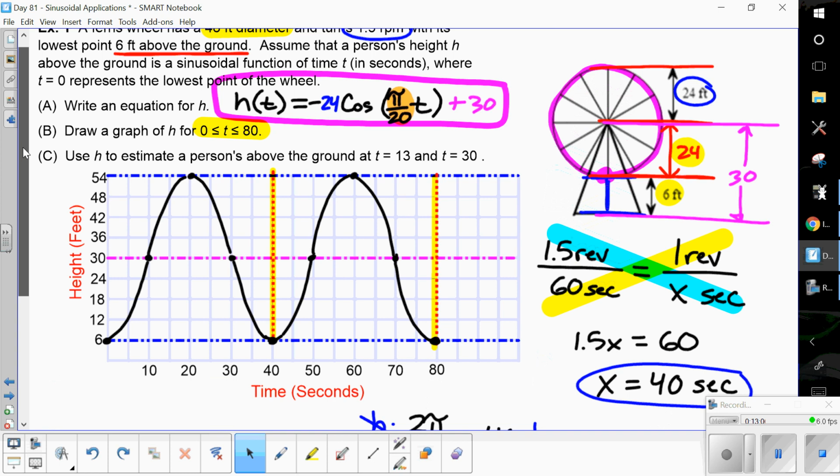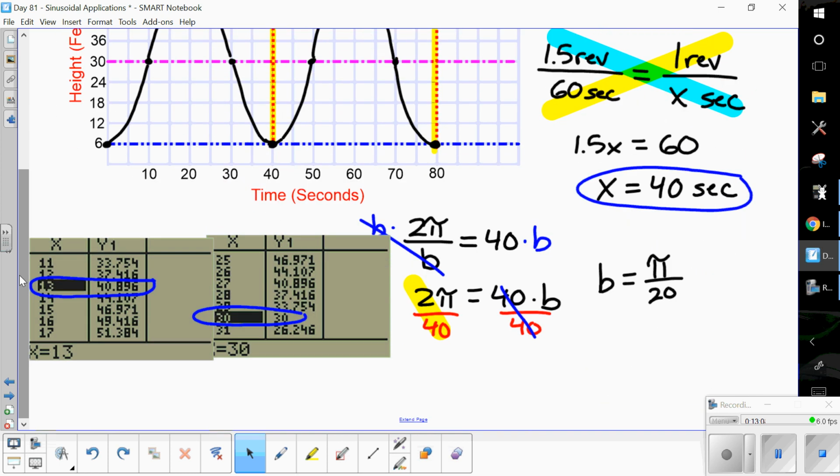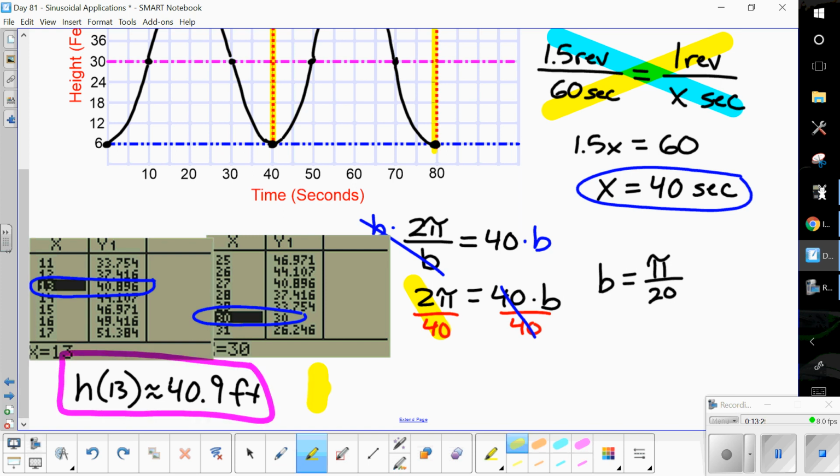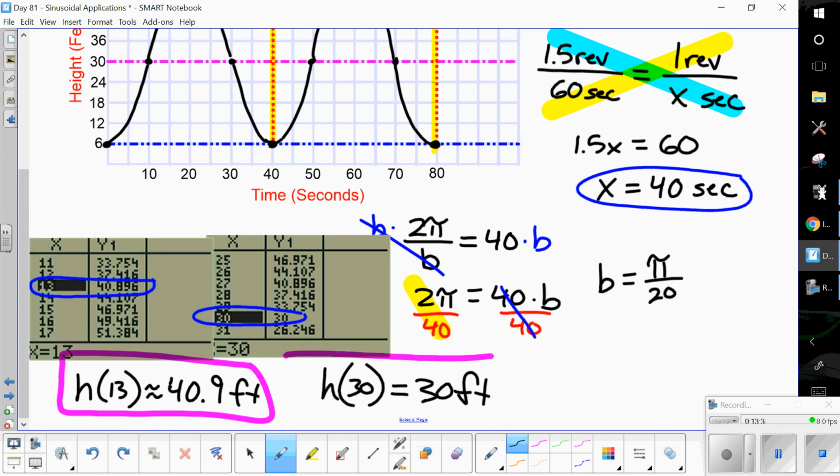Let's do it to the nearest tenth. So the height at 13 seconds is approximately equal to 40.9 feet. There's one answer. And the height at 30 seconds is equal to 30 feet. And there's the second answer.